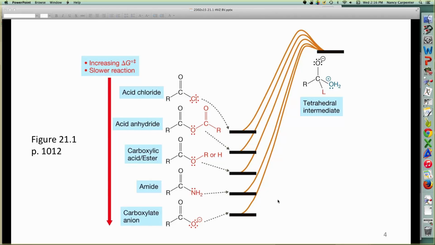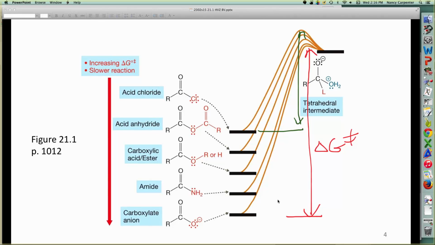So, what it boils down to is we can tie this all together and see why the reaction of a carboxylate anion with a nucleophile is so incredibly slow as opposed to, say, the reaction of the acid anhydride with the same nucleophile.